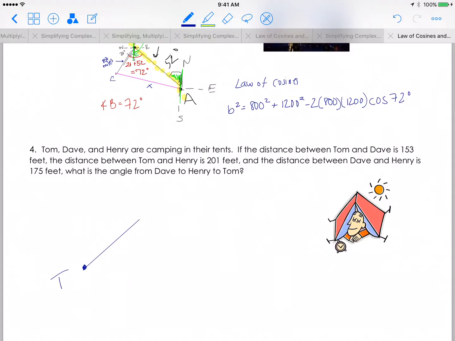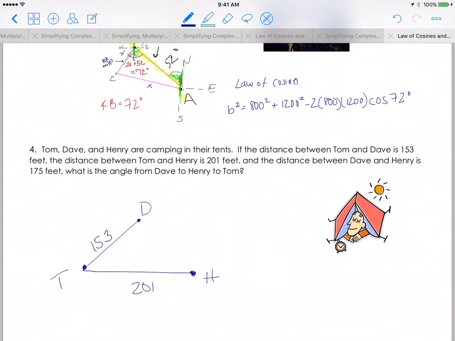We draw 153, and this is Dave. And then between Tom and Henry is 201 feet, something like so.